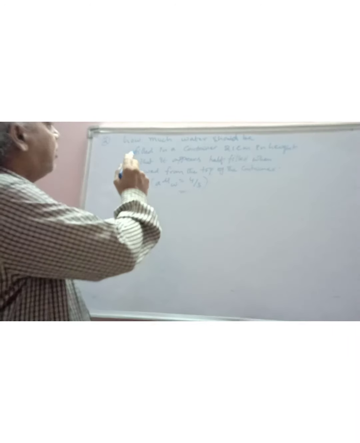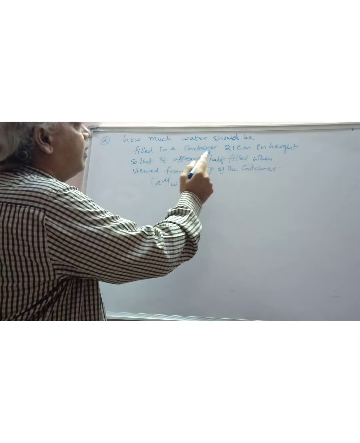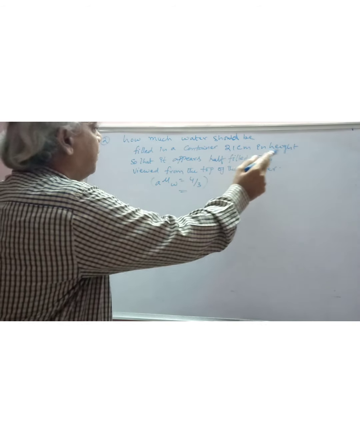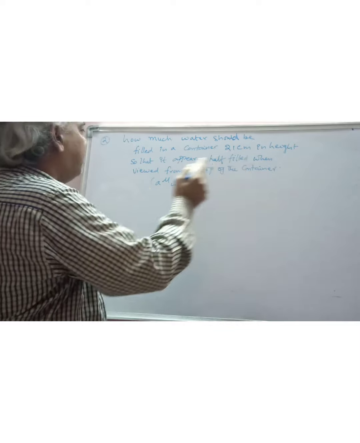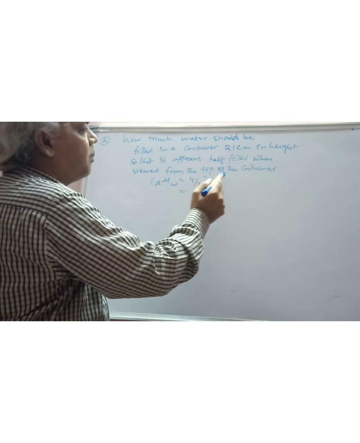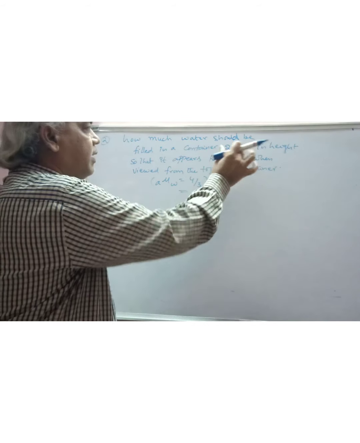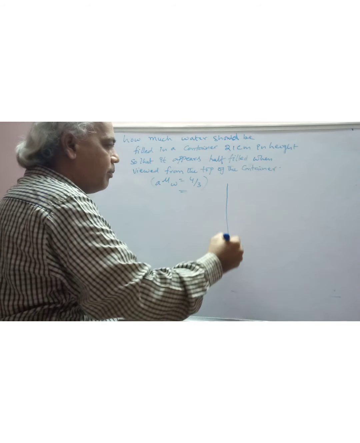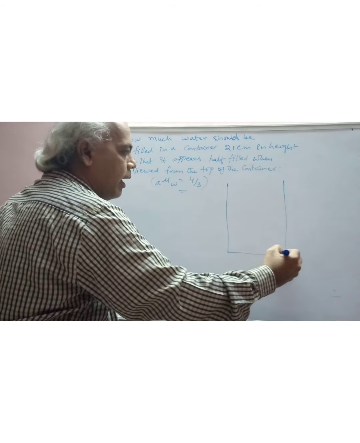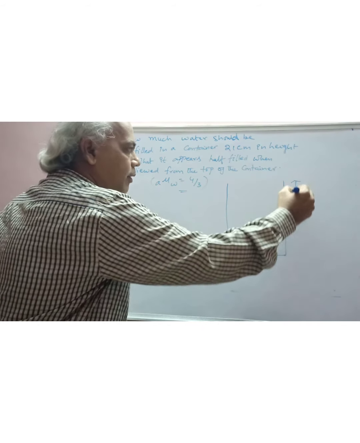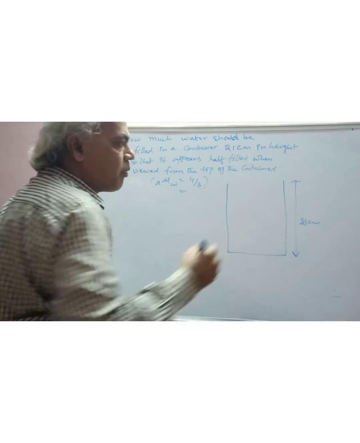So in this problem, how much water should be filled in a container 20 centimeter in height so that it appears half filled when viewed from the top of the container? Here the container height is that 21 centimeter. So it is a container, the total height of the container is say 21 centimeter.